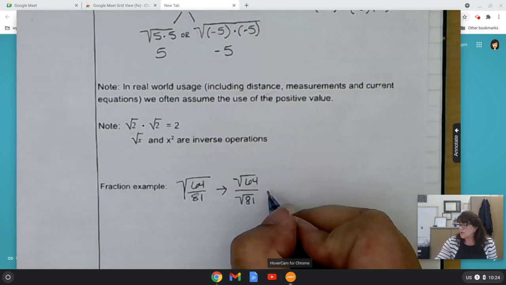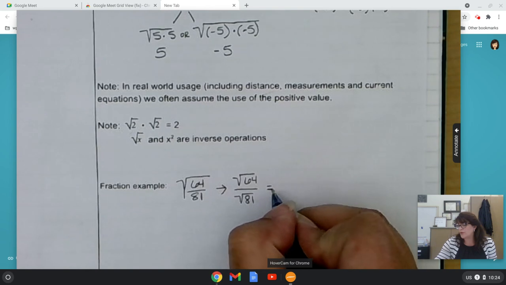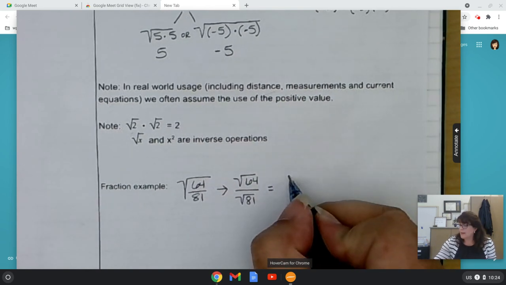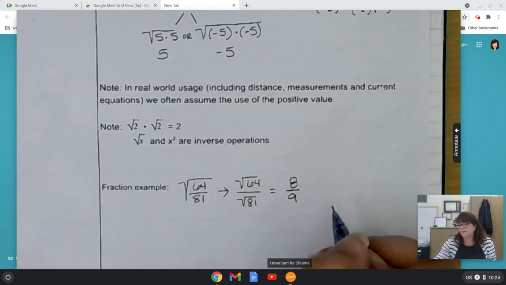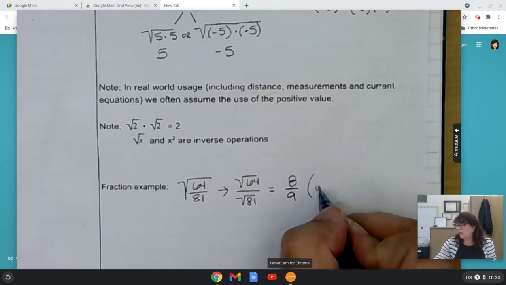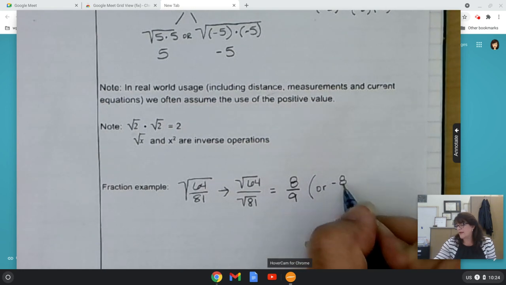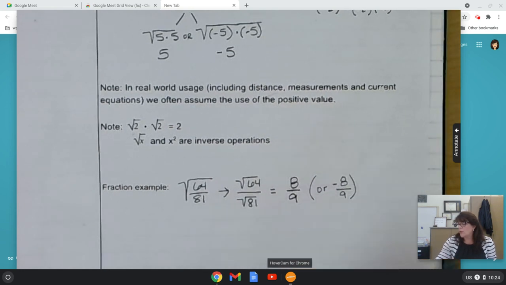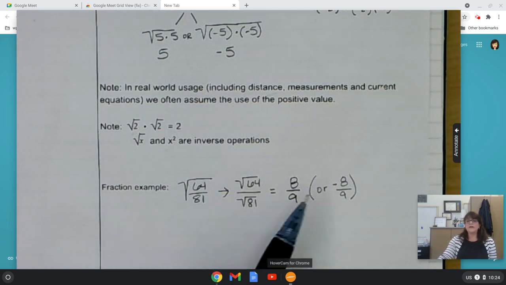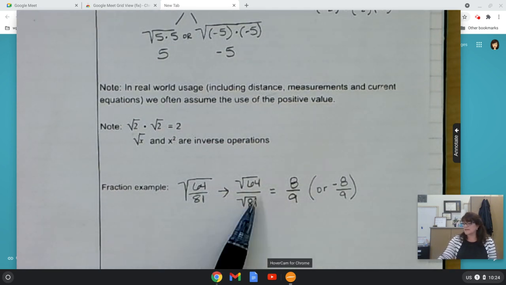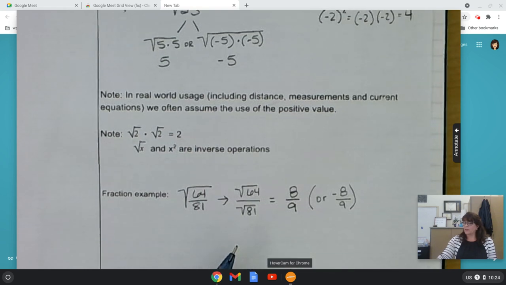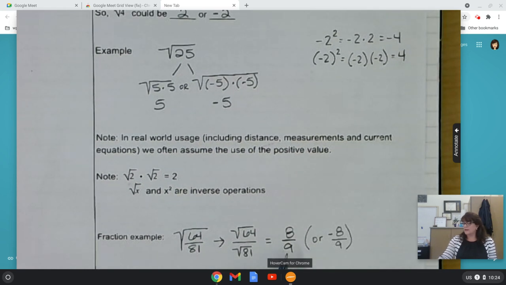So this is going to be equal to 8/9 or negative 8/9. If in homework they're just asking you the solution, they probably want you to say the positive or the negative. But the minute we start using them, including in equations, just give the positive.